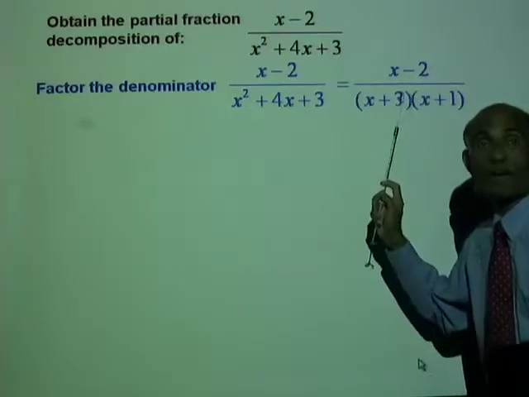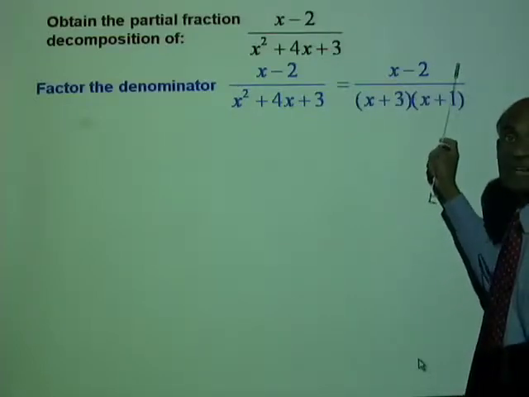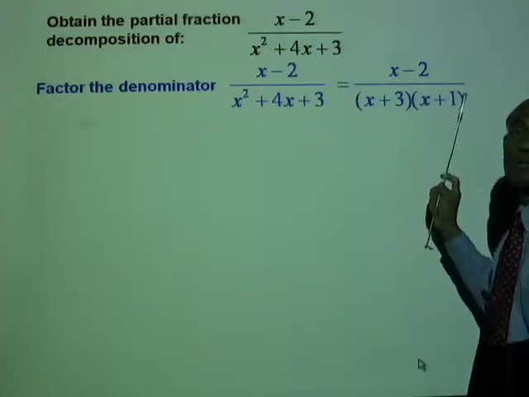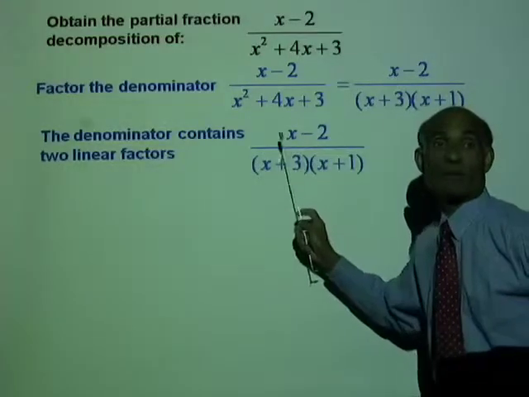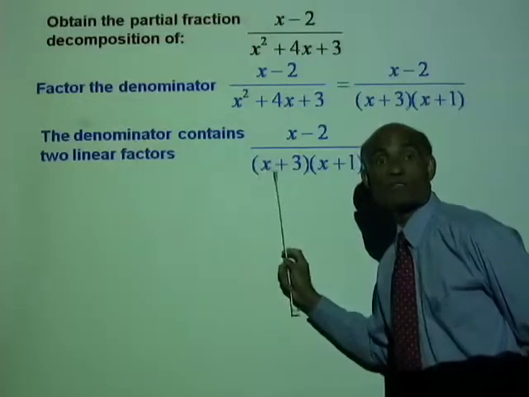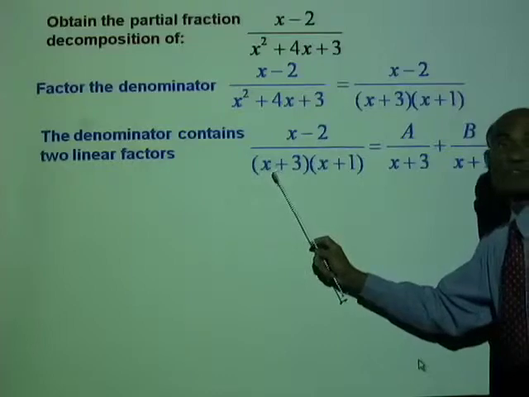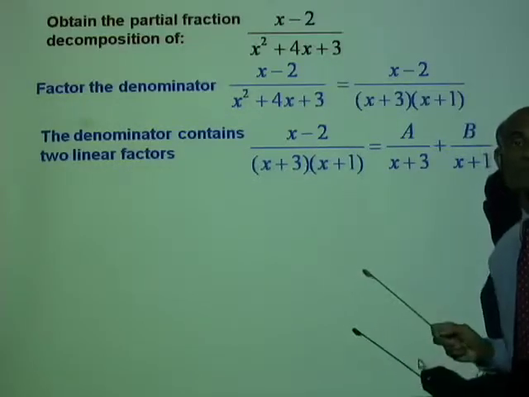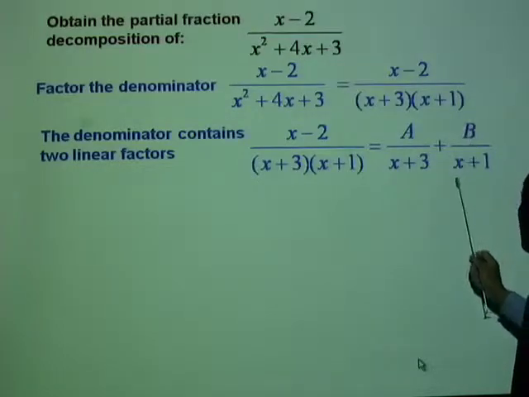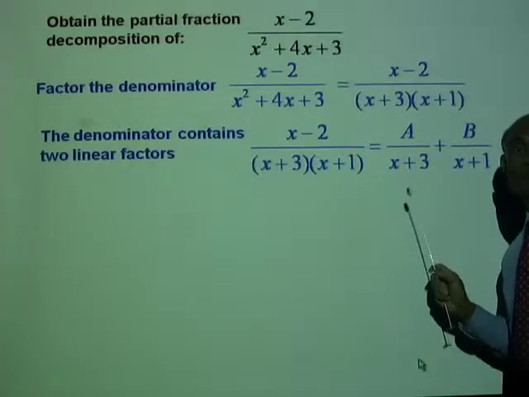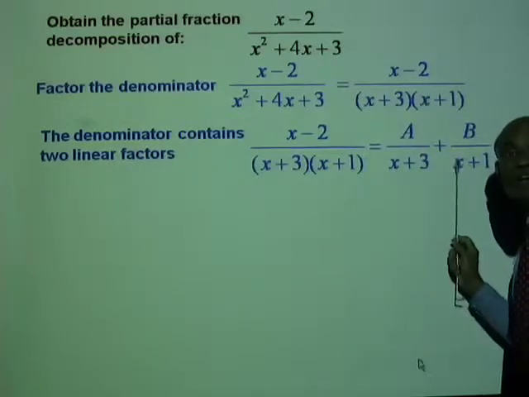Now, how do you write this in order to break it down into partial fractions? You must write this as a over x plus 3 plus b over x plus 1. So, because the denominator contains two linear factors, we write it as x minus 2 over x plus 3 times x plus 1 equal to a over x plus 3 plus b over x plus 1. Now, can you simplify the right-hand side by taking the common denominator?